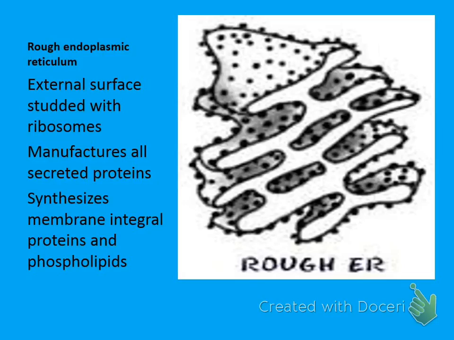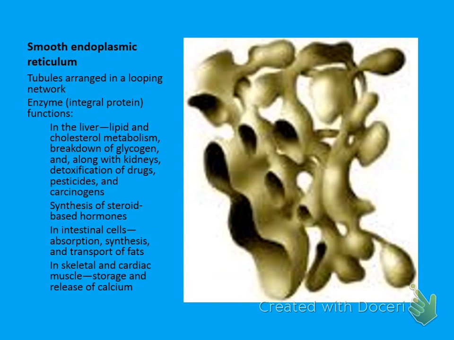You can have different types of substances being produced in different cells. The smooth endoplasmic reticulum is smooth because it doesn't have ribosomes on it. It doesn't have these little bumps. These little bumps are what makes the proteins. So they have different functions in different areas.